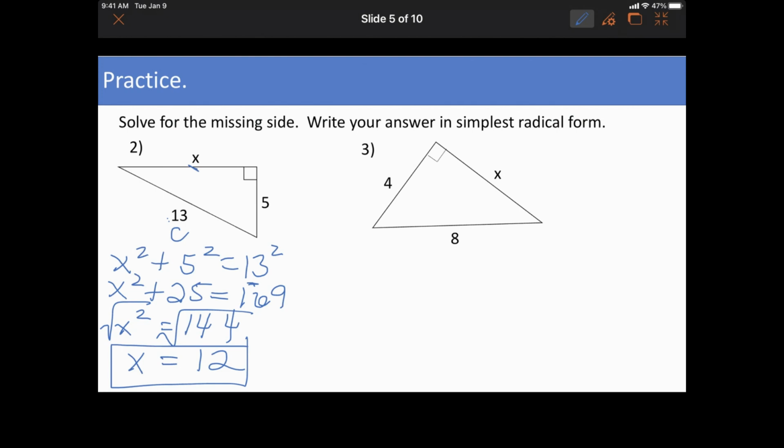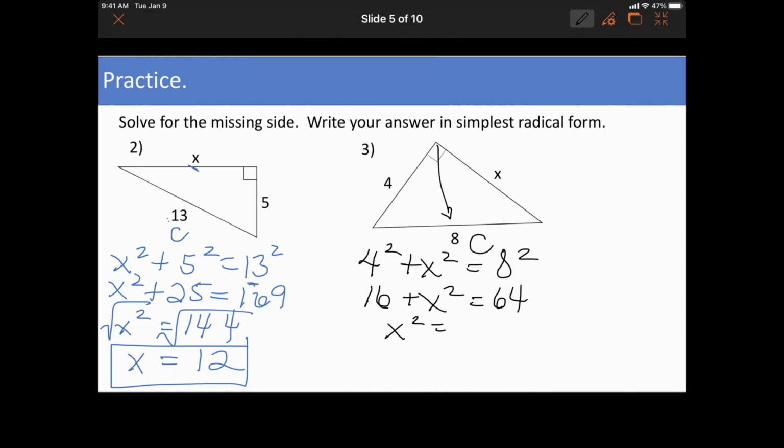All right, so this one, okay, next one, which is a hypotenuse. Hypotenuse, let's see, 4 squared plus x squared equals 8 squared. Okay, so let's look at this.